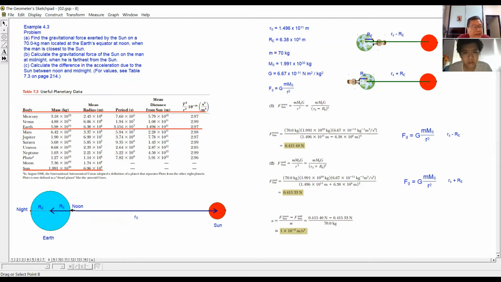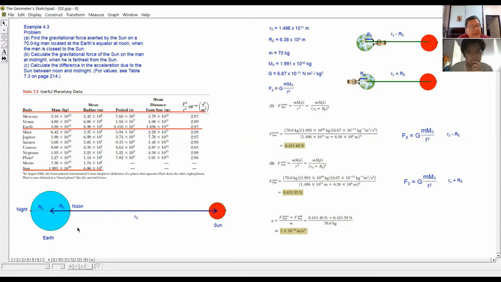And the distance between the man and the sun is actually shorter by this distance, shorter by RE, right? Because the man is standing here, so the distance is not RS. The distance is this RS minus the RE here. So you see, the man is standing here.